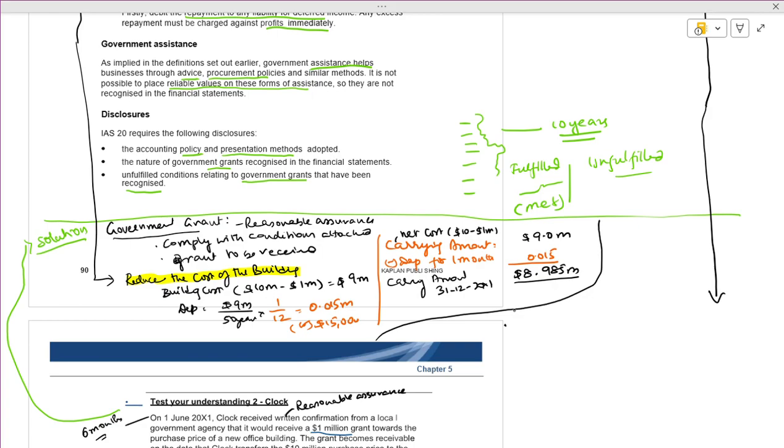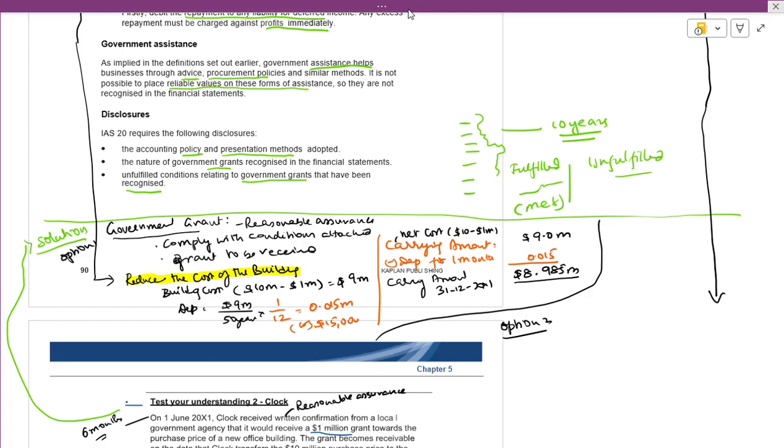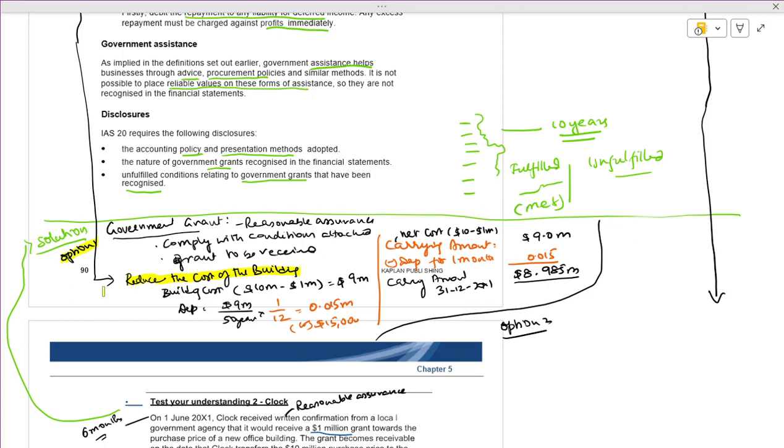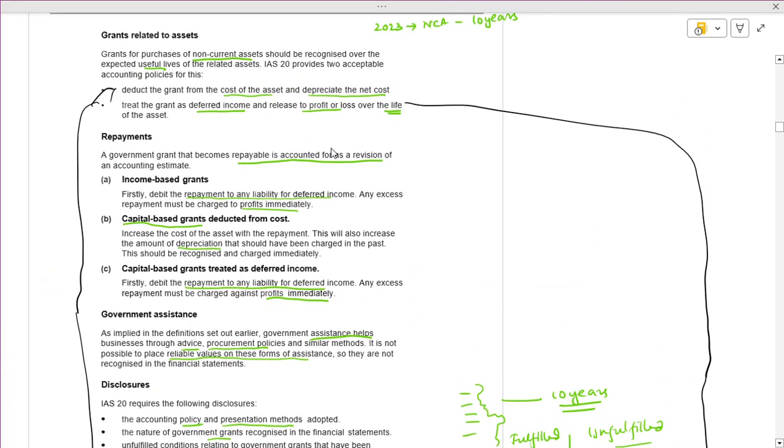This is option 2, and this is option 1. Now what it says in option 2, we have to defer. Again, go back to the condition. That is the reason we have to treat the grant as deferred income and release to the profit and loss account over the life of the asset.